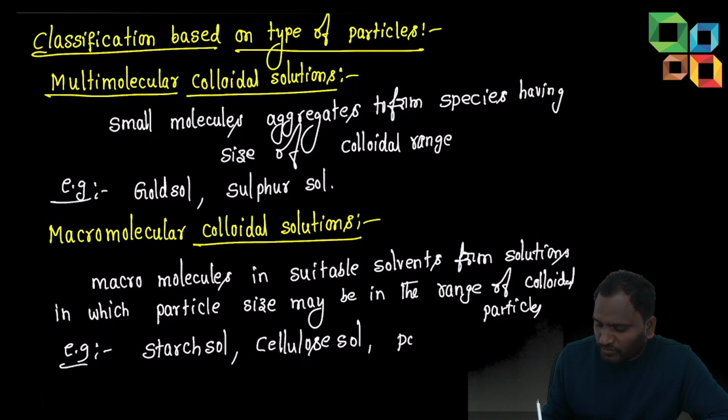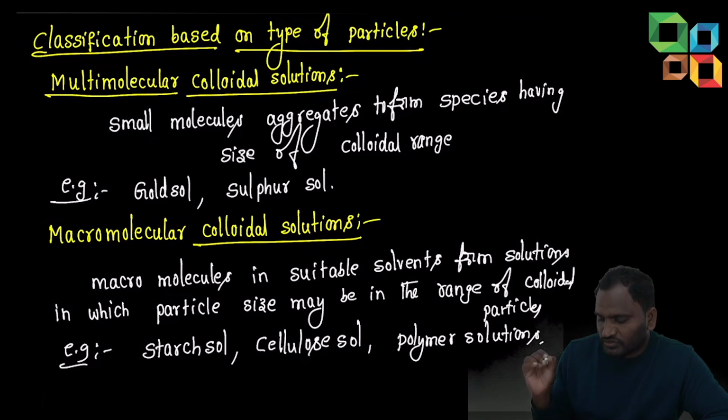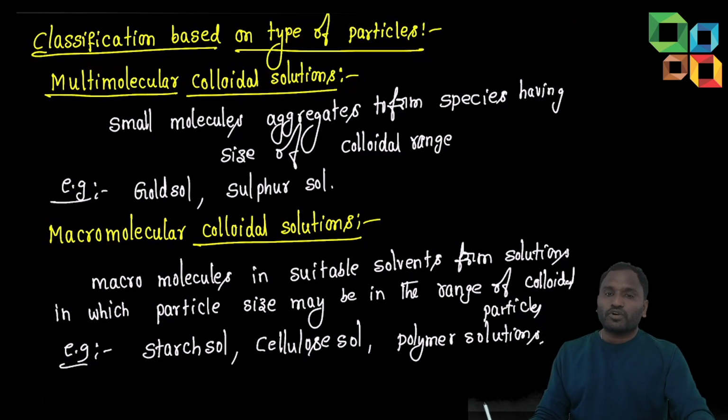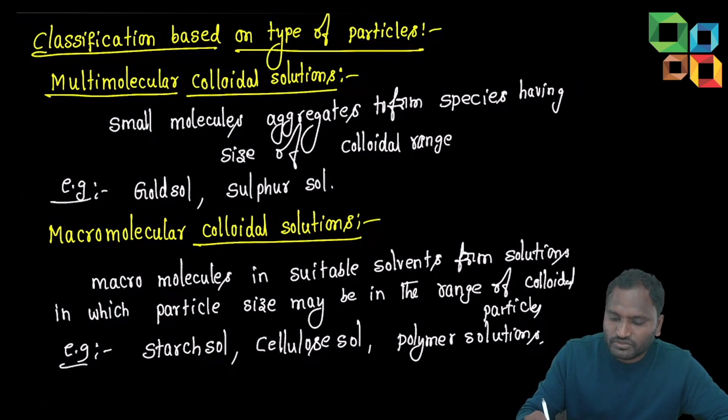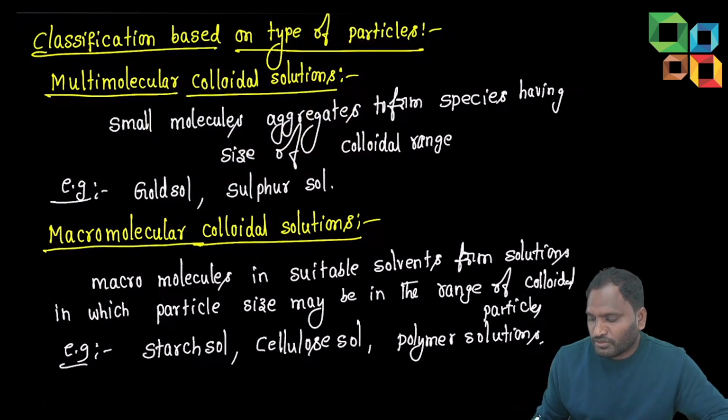Simply you can write polymer solutions, natural and artificial solutions. Protein sol also you can write, students. Protein sol is also an example of macromolecular colloidal solution. Protein is also one of the polymeric forms.